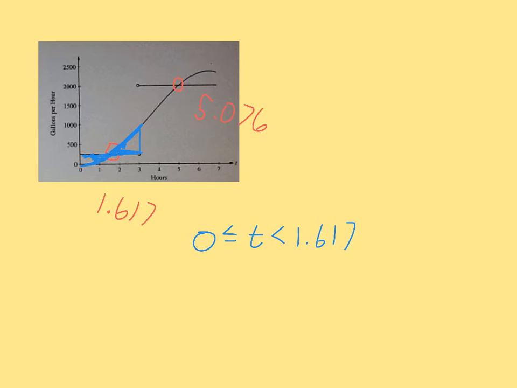But at 3, we jump up to here, and now at time equal to 3, the rate at which water is leaving is above the rate at which water is entering. So once again, from 3 to 5.076, the rate at which it's leaking out is higher than the rate at which water is being added. So these are my two intervals where the water level is decreasing.